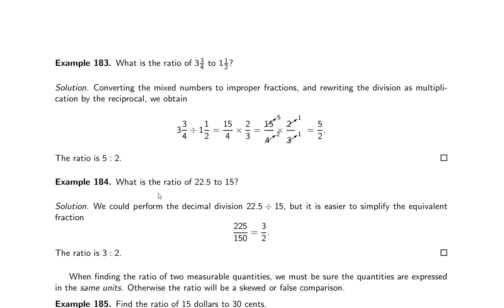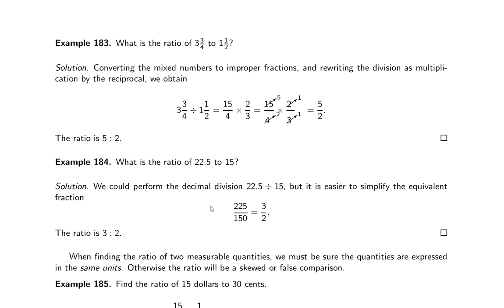Okay, how about this one? What is the ratio of 22.5 to 15? So we want to divide 22.5 by 15. Maybe an easy way to do that is, we saw this trick when we were dividing decimals, moving the decimal point.